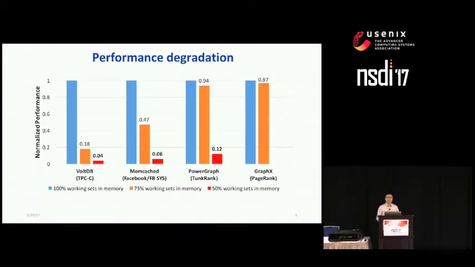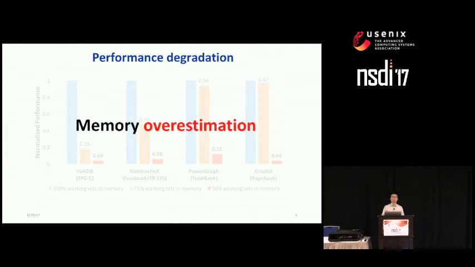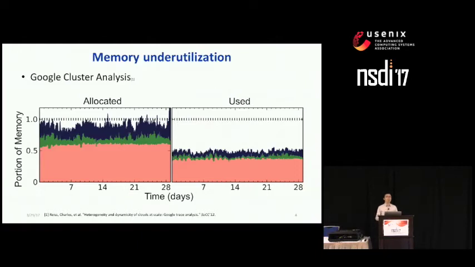But if we remove another 25% of memory from those applications, then their performance will be as bad as the others. This issue has been widely observed by the users of those applications. So most of the time, people will overestimate the memory requirements of those applications for better performance. But this is one of the major reasons for memory underutilization in the cluster.